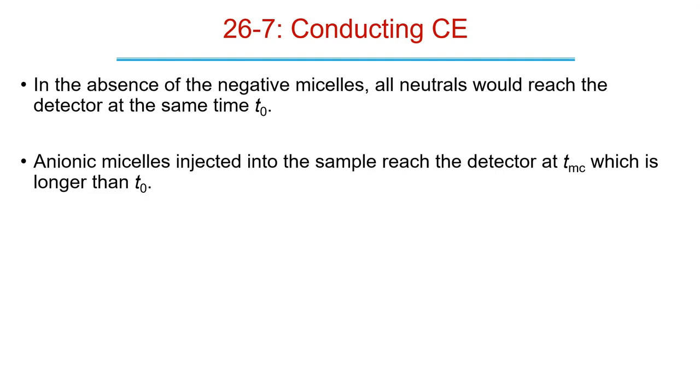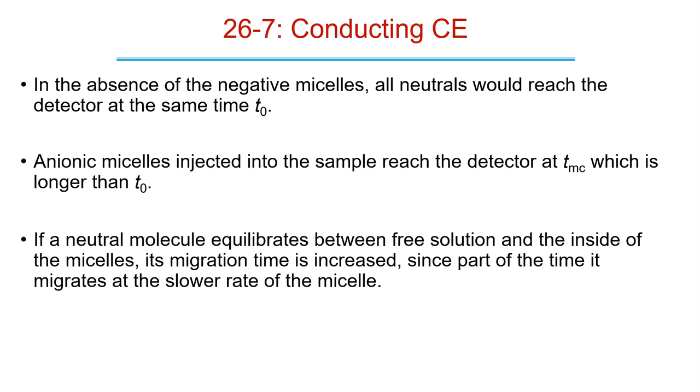So you're going to have plenty of time to get your differential partitioning between your ions and your neutrals and your micelles. If a neutral molecule equilibrates between the free solution and the inside of the micelle, its migration time is increased, right? Because remember, the negative micelle is lagging behind because it is repulsed by the electrode at the detector.